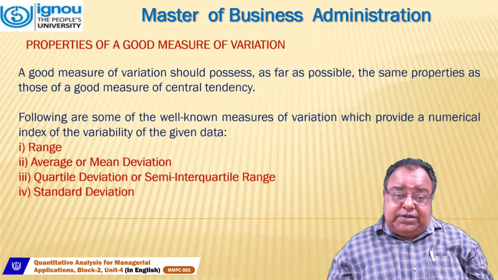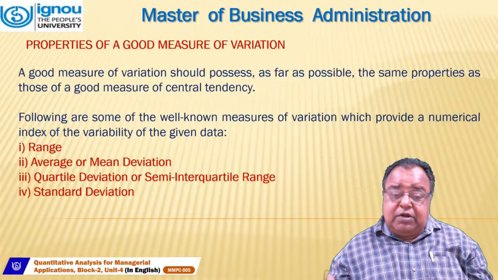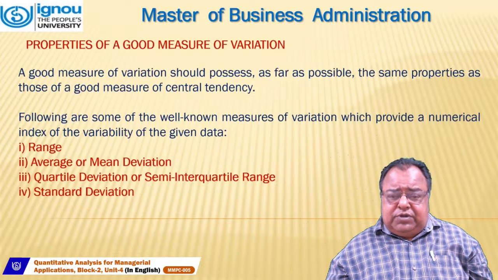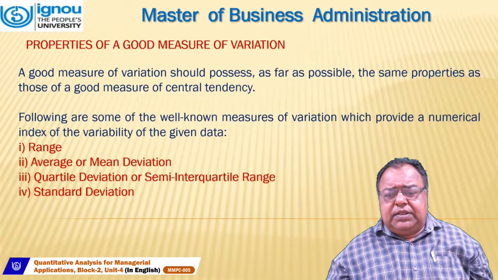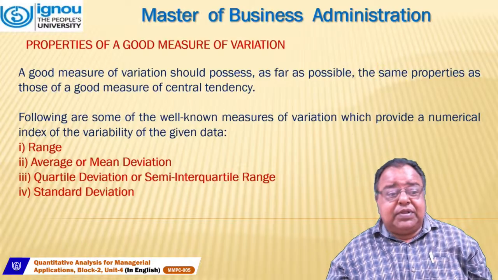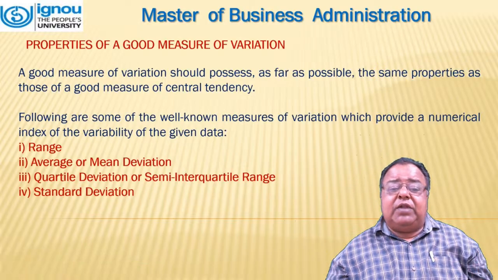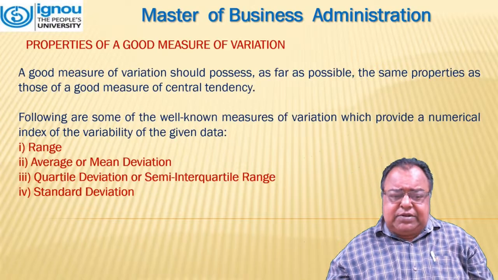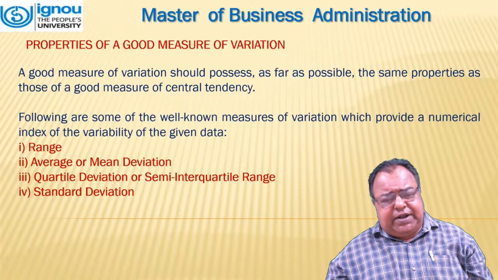What are the properties of a good measure of variation? A good measure of variation should possess, as far as possible, the same properties as those of a good measure of central tendency. Following are some of the well-known measures of variation which provide a numerical index to the variability of the given data.